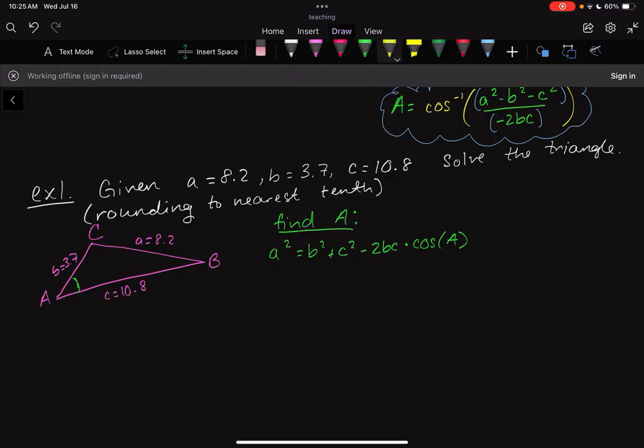So just like I did earlier, I'm going to subtract these two. Then I divide by negative 2BC.